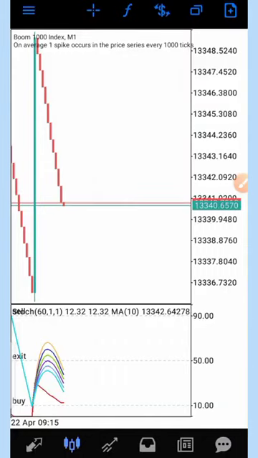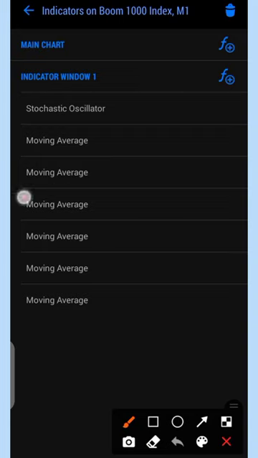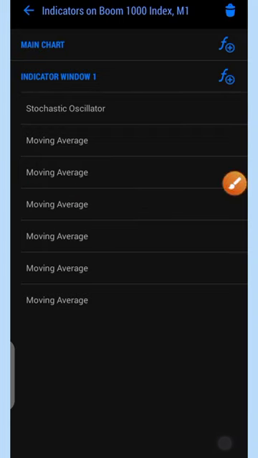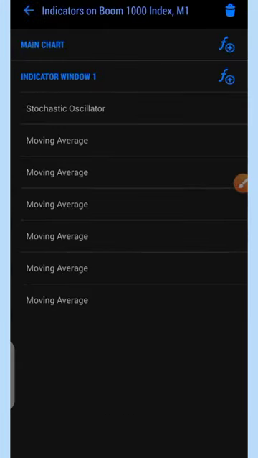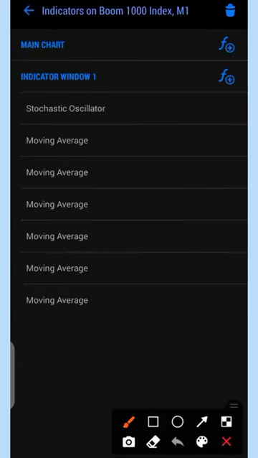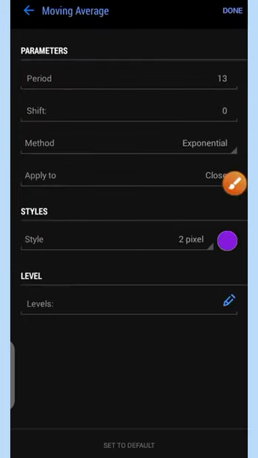The third moving average is 12, with a different color too. I use green. The fourth moving average is 13, period 13, shift 0, exponential. You change the color also.